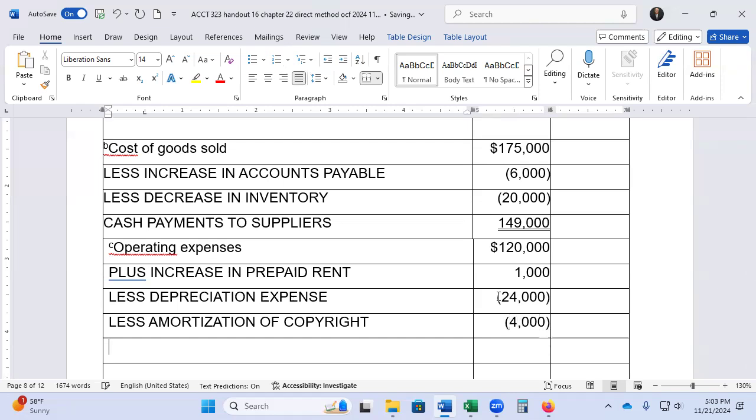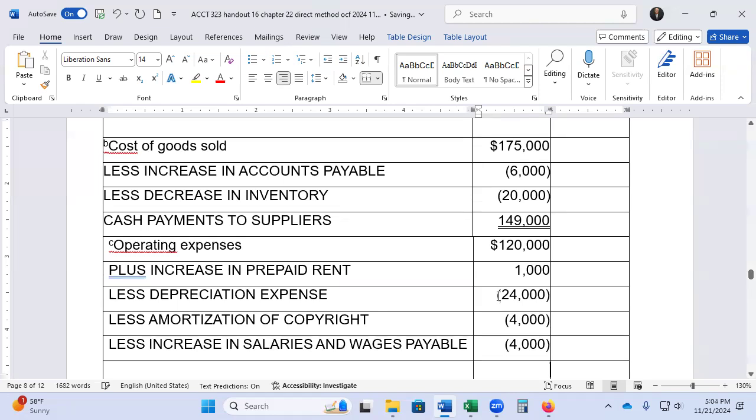And then the last one we have is less the increase in salaries and wages payable, and that's also 4,000. So if you sum this total up, you get 89,000.